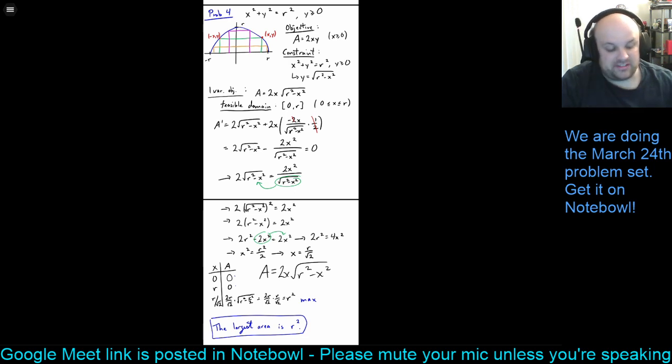If you ever have to use this kind of stuff in a more practical way, that's always the challenge: what do I set my objective function to be? That one's usually the more obvious one. But the real challenge is, what constraints can I use? How do I set a feasible domain? So hopefully this gives a little bit of insight into that.